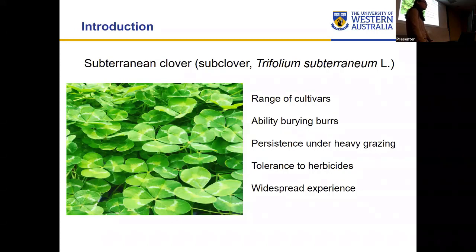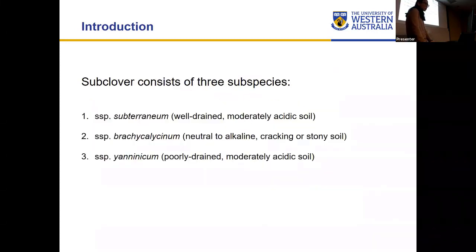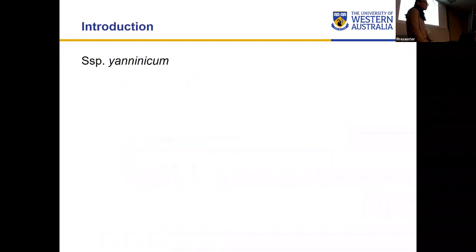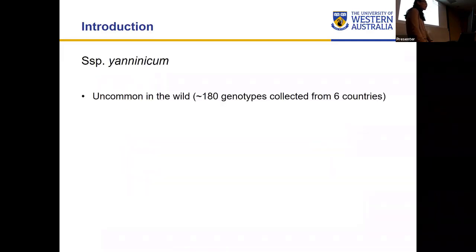Subterranean clover consists of 3 diverse subspecies, subspecies subterraneum, brachycalycinum, and yanninicum, each adapted to different soil types. Among them, subspecies yanninicum is quite rare in the wild, comprising only 2% of total agricultural genotypes.